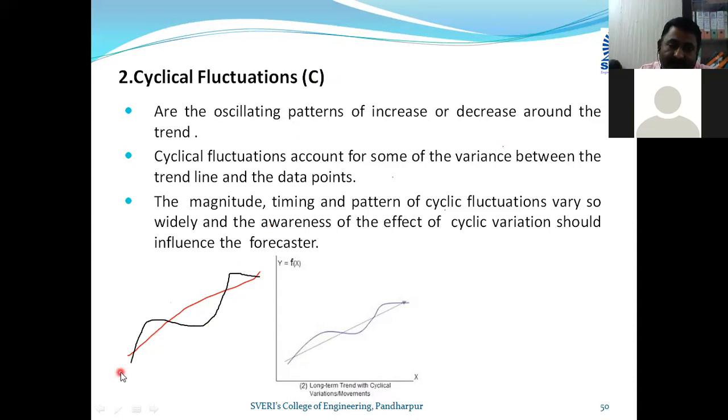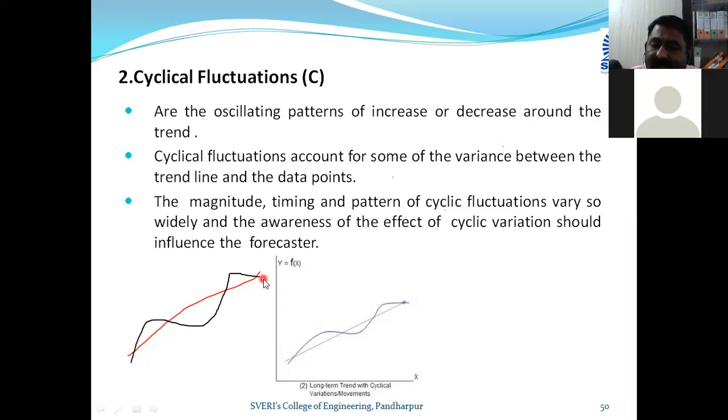These patterns which are oscillating may be increasing, may be decreasing around the trend. These are nothing but the cyclic or cyclical fluctuations. These fluctuations account for some of the variance between the trend line and the data point. So this is the trend line and there is some variation. This is the cyclic fluctuation.